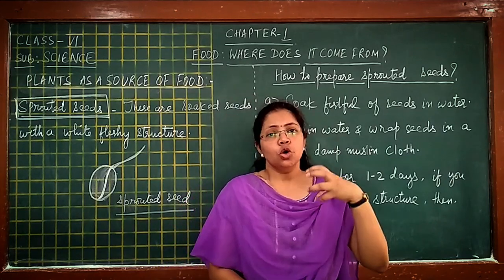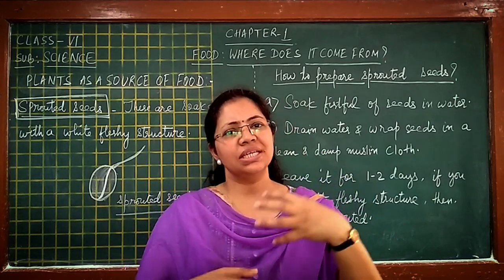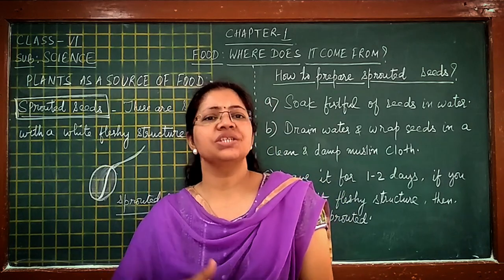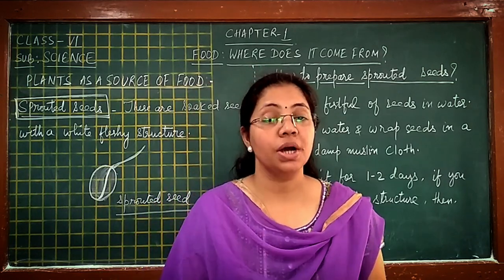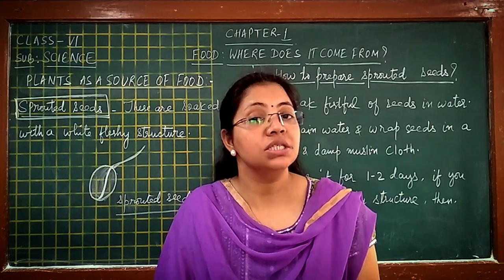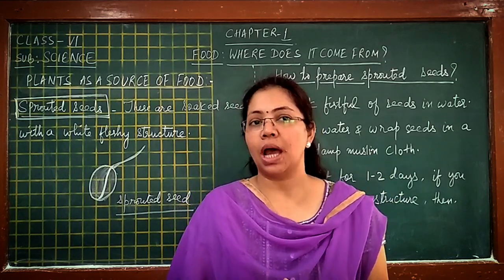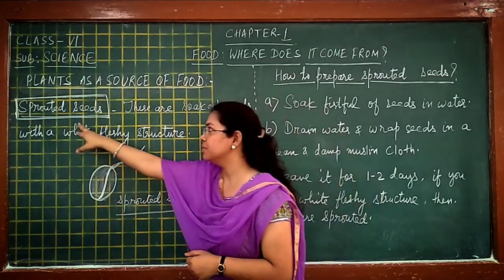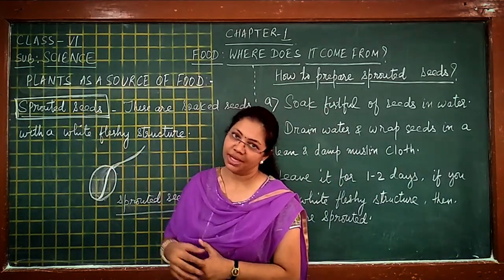Most seeds we use either directly for seasoning, or we crush them and extract oil from them. But there is one more interesting way of consuming the seeds of a plant, and that way is by making them sprouted.